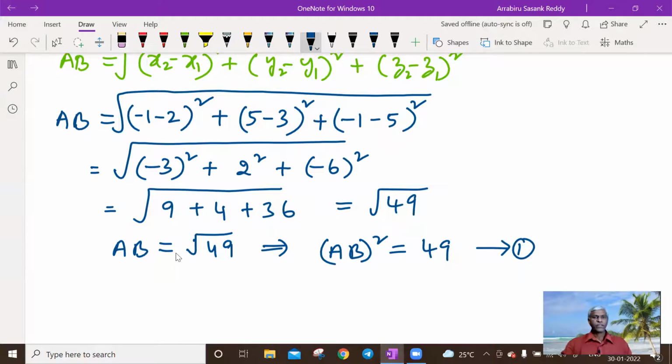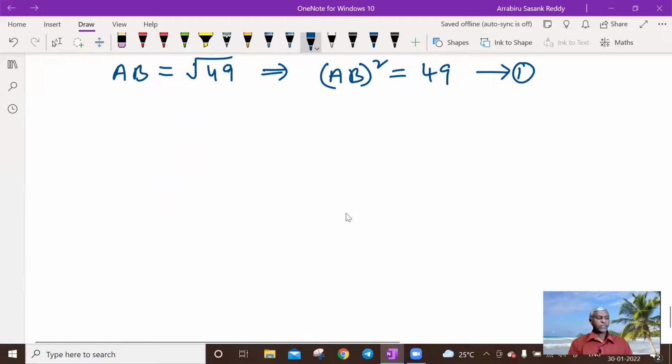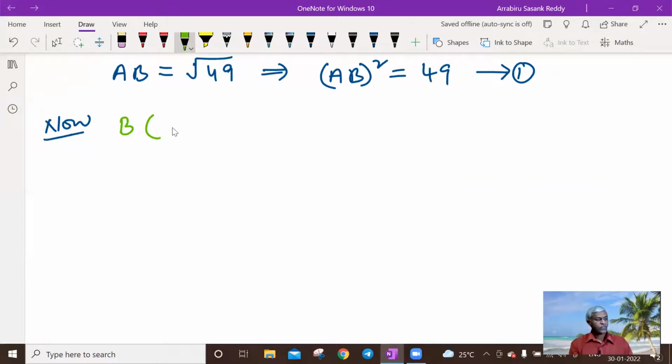Similarly, you can find BC. Now you take B, minus 1, 5, minus 1, and C, 4, minus 3, 2.